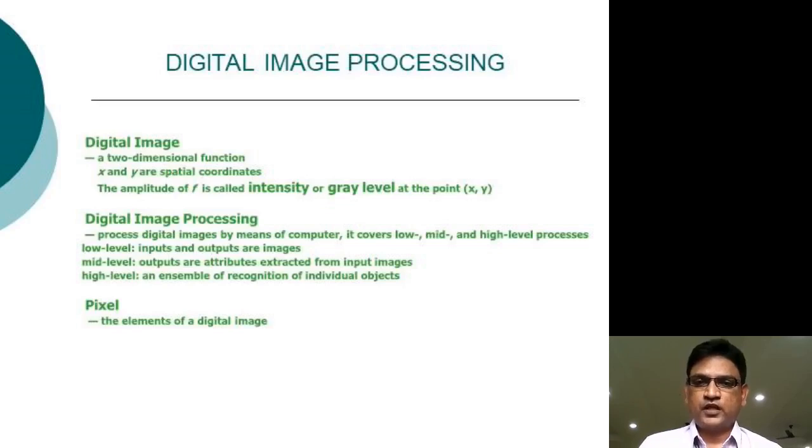So in general, an image is composed of tiny elements, we call them a pixel or pel, or more generally we call them image elements or picture elements. So whenever we represent an image, we use the word pixel. The most popular is pixel rather than pel.